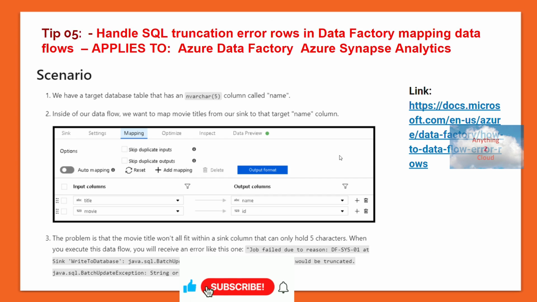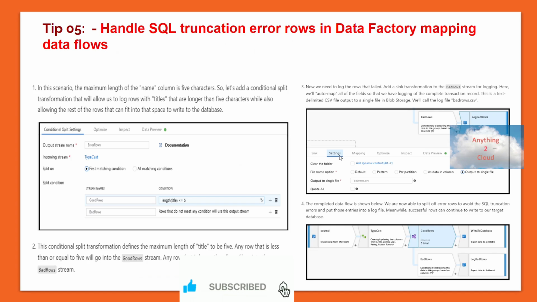We can resolve this issue by using a conditional split here to process the good data and the bad data. We can choose split on first matching condition, and for the good rows, you can mention the condition here: length less than or equal to 5. The bad rows, the rest that do not satisfy this condition, go to the bad rows, and the good rows in turn go into the database.